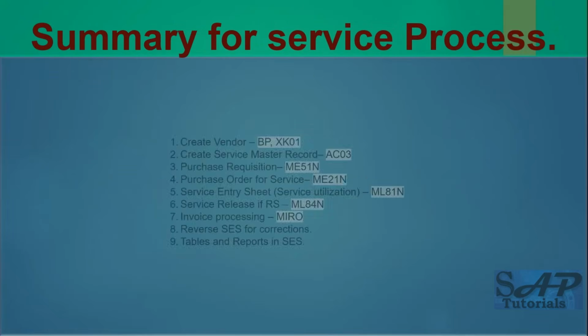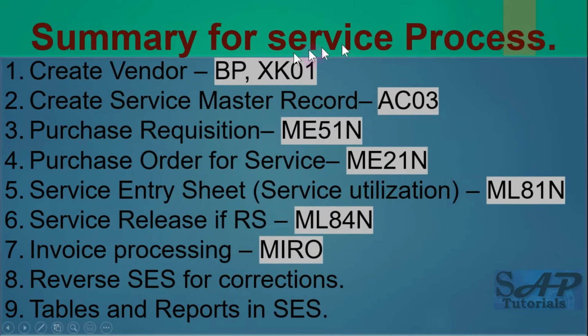Then summary. So what we have seen today: there are two prerequisites, that is vendor and service master record, but again the service master record is optional. Then PR is again optional. It depends on your organization whether they are using PR or they want to directly create with a purchase order. Then we perform service entry sheet with T code ML81N instead of MIGO.